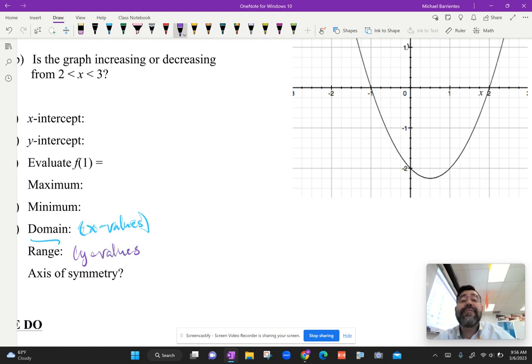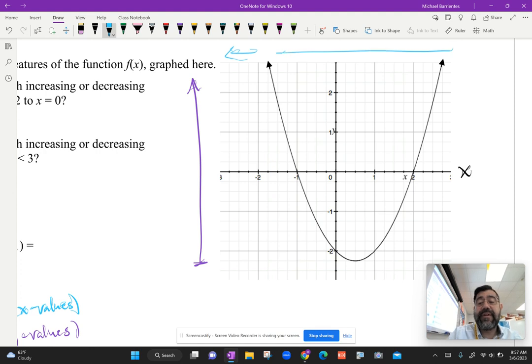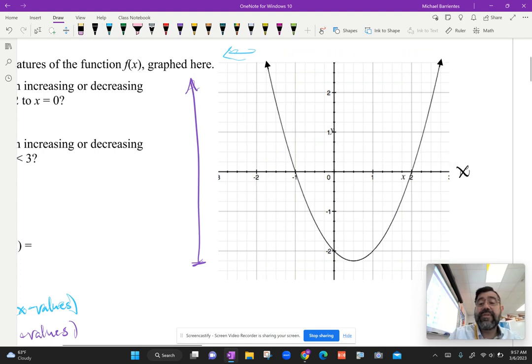Now, when we're given a graph, I tell students to think about two directions because we know that range is how far low to how far high, and domain is how far left to how far right the graph goes. And so x's, if you look at the x-axis, x's go left to right, correct?